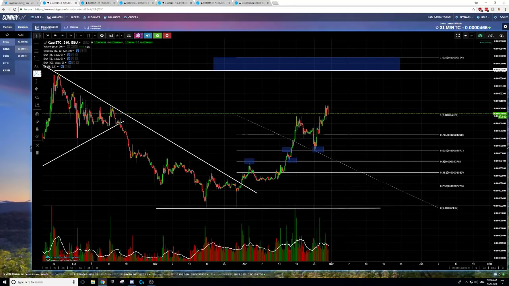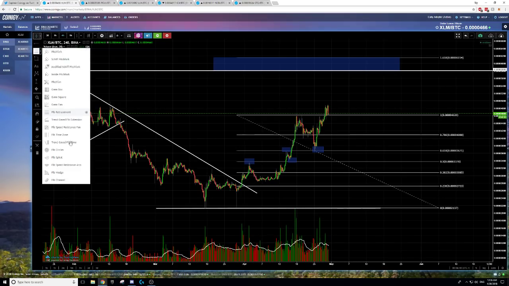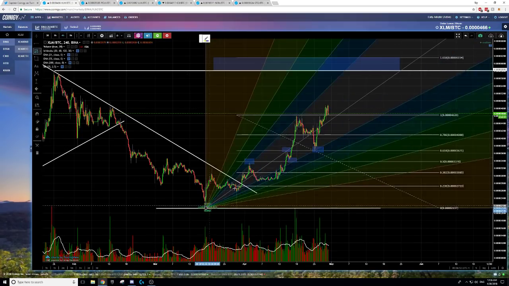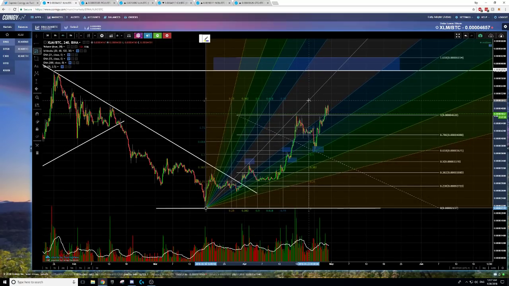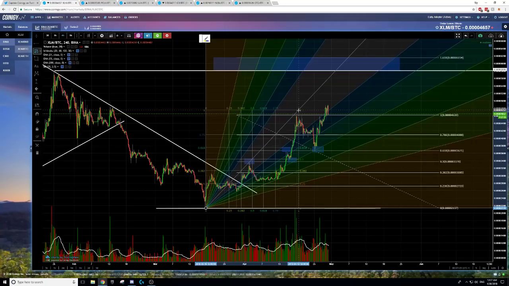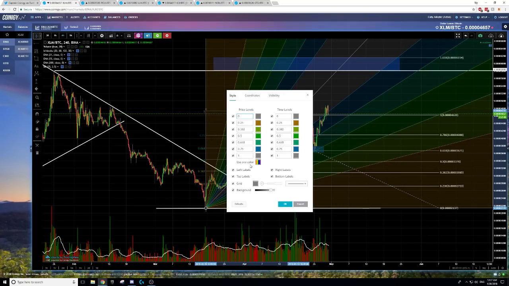I had fun with the Gann and fib speed resistance fan the other night, so we could see if this gives us any insight. Well, okay, there's a clear, those two, this high here and this high here clearly line up. So this looks nice, right? Let's take the colors away.